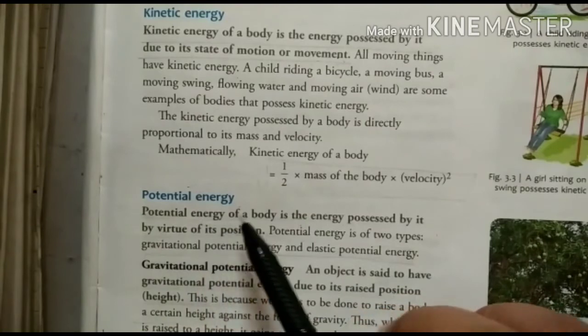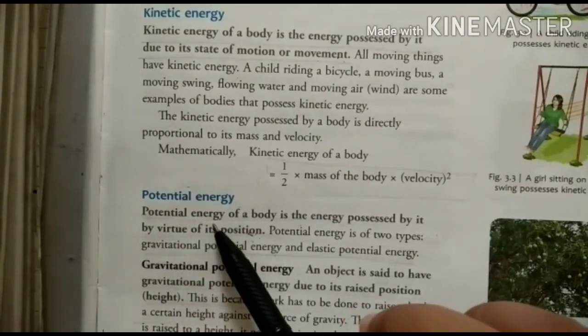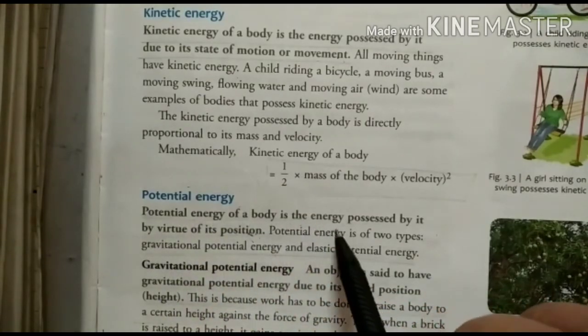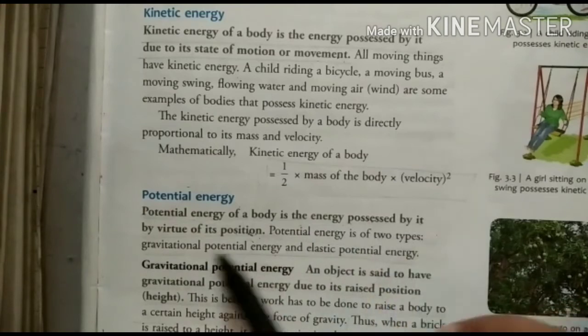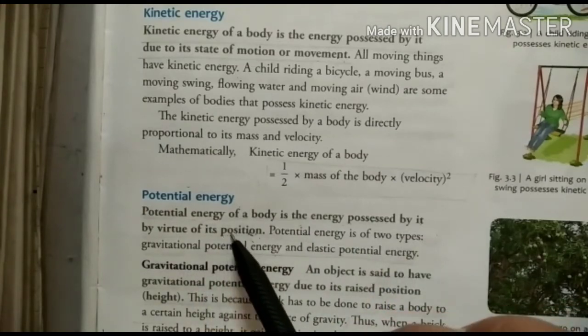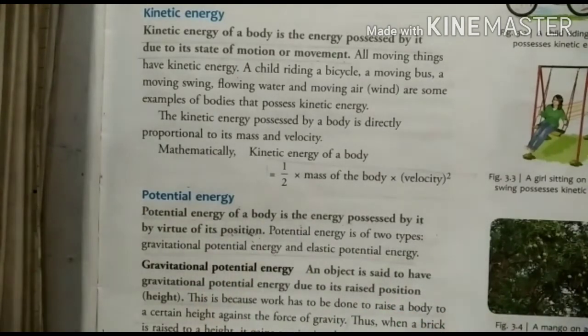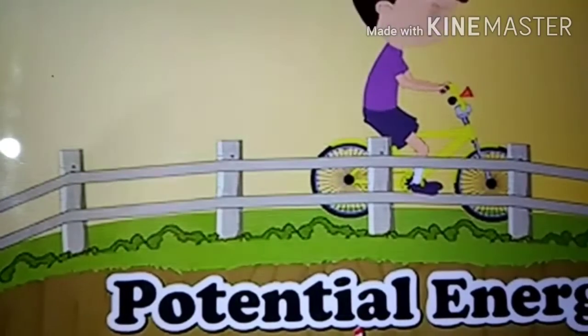Next is potential energy. Potential energy of a body is the energy possessed by it by virtue of its position. Means when any object possesses energy due to its position, that energy is called potential energy.